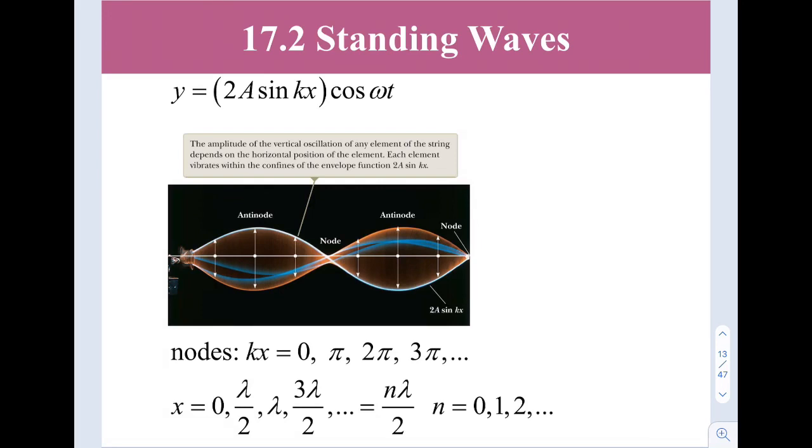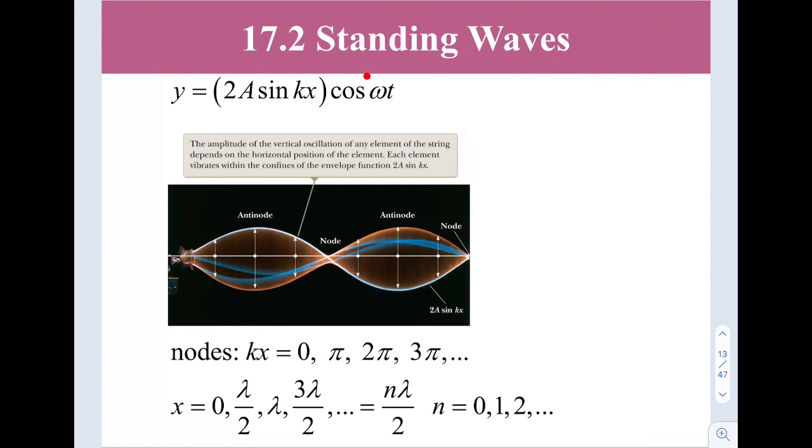Comparing equation 17.1 with equation 15.6, we see that it describes a special kind of simple harmonic motion where every element of the medium oscillates in simple harmonic motion with the same angular frequency omega.